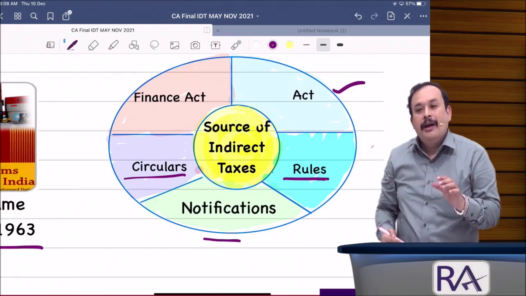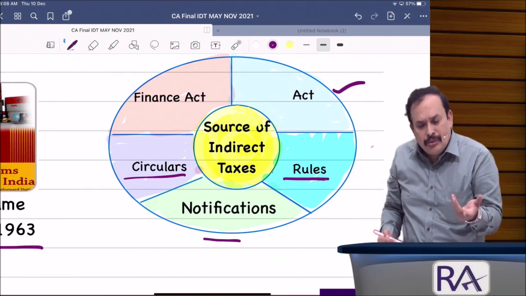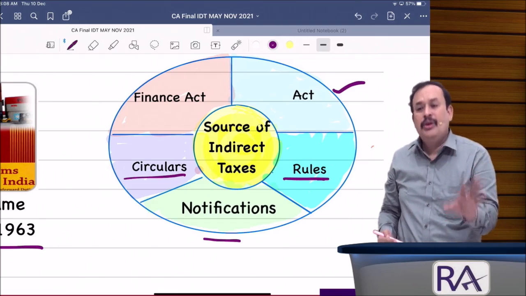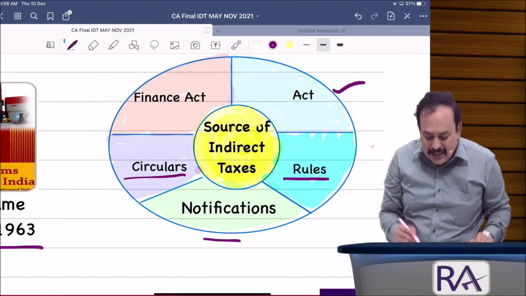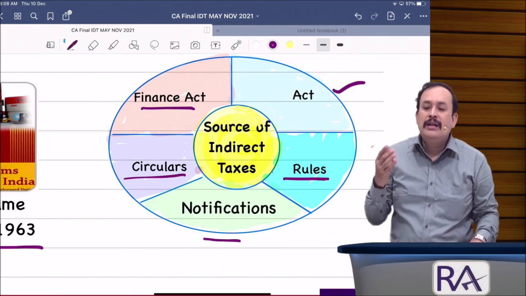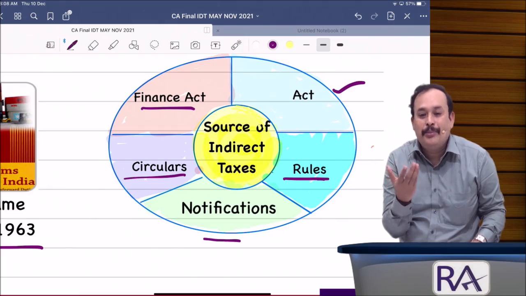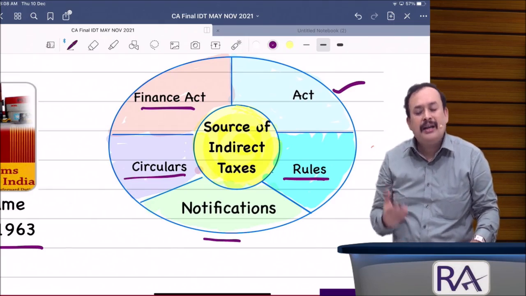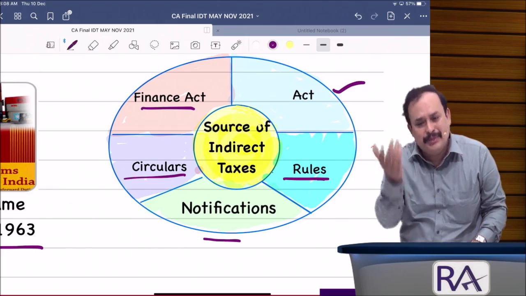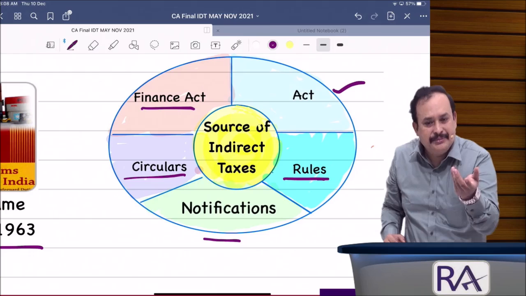Further, my dear sir, under indirect tax we also have the Finance Act. What is the Finance Act? It is nothing but every year the Government of India submitting the budget in Parliament, or state governments in the respective state assemblies, with some amended provisions.